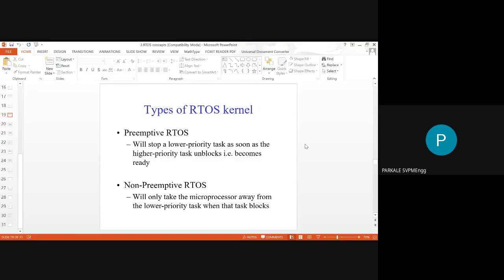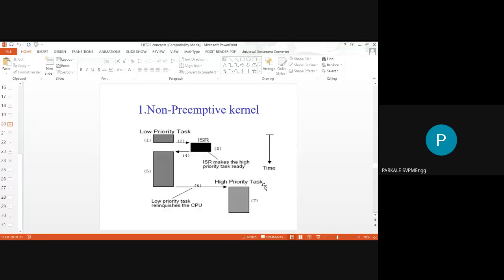A non-preemptive RTOS will only take the microprocessor away from the lower priority task when that task blocks. That means it will first complete the low priority task, and only then give control to the high priority task.